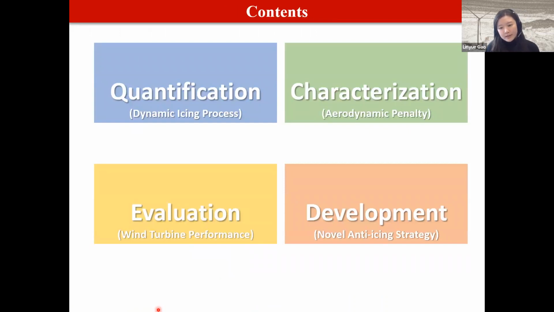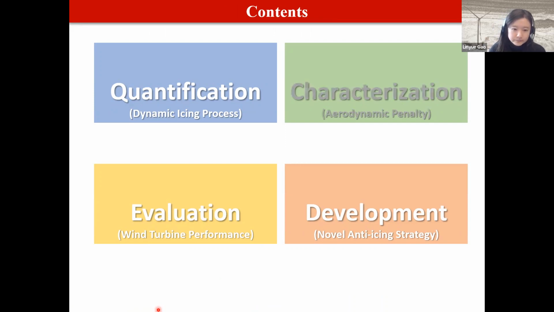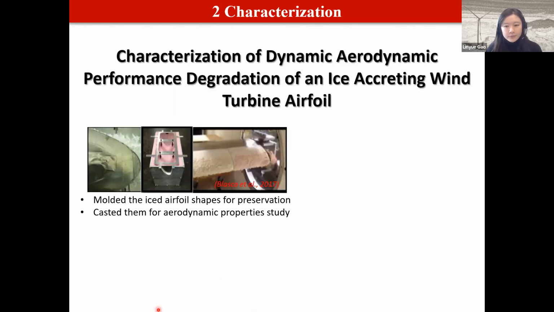So after we get the quantitative information of ice, we would like to know the blade's aerodynamic penalties introduced by ice. Previously, people usually molded the ice airfoil shapes and cast them for aerodynamic property studies.